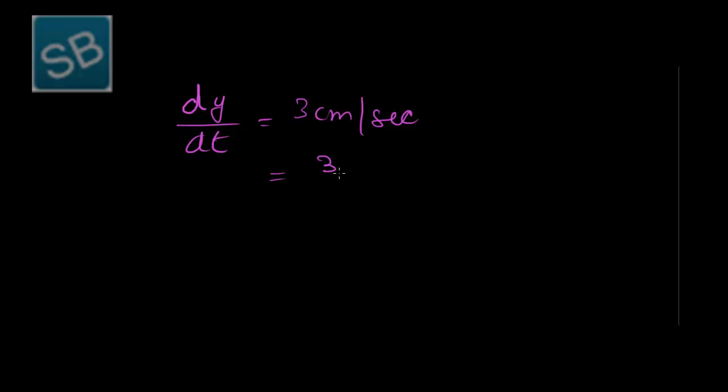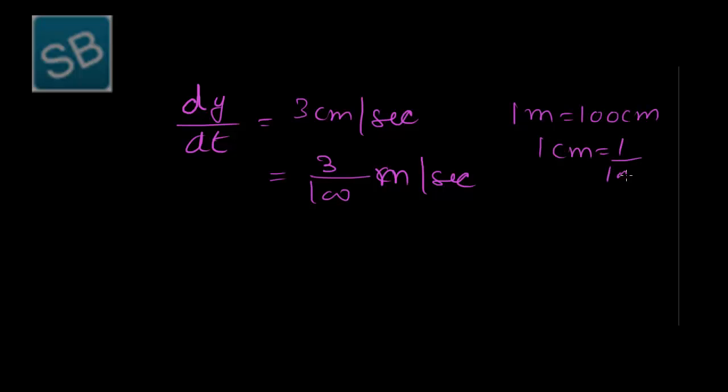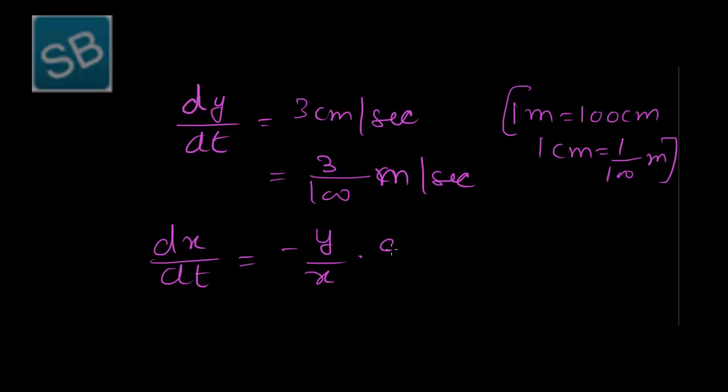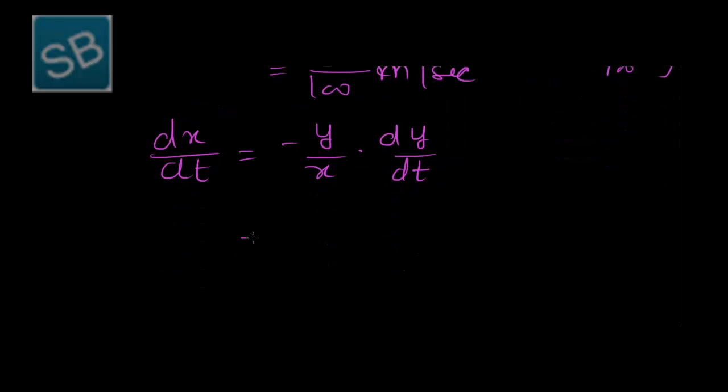So we divide by 100 to convert centimeter into meter per second, as 1 meter is equal to 100 centimeter. So 1 centimeter is equal to 1 over 100 meter. So by converting dy by dt, we will find dx over dt is equal to minus y over x into dy over dt. And dy over dt is 3 over 100.